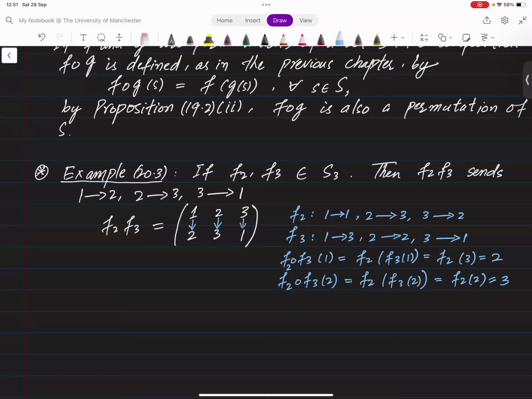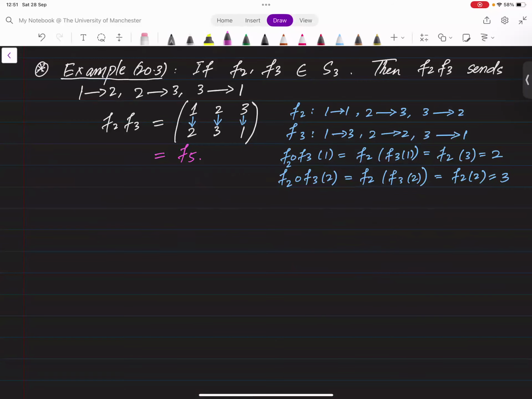And if you look further deep, you will find out that F2 compose F3 is nothing but F5. Right? Perfect. We can similarly say F3 compose F2, and that will be the permutation which sends 1 to 3, 2 to 1, and 3 to 2, and this will be equal to F6.